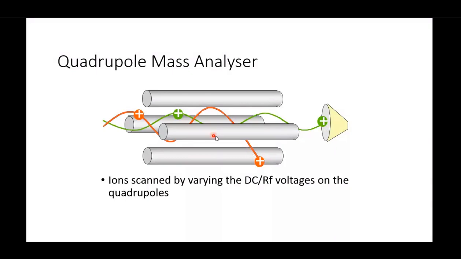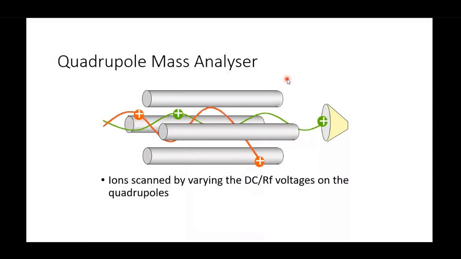At some other DC RF voltage, the ion shown by red color will go to the detector, but the ion shown by green color will go out. So by scanning the DC RF voltage, we can make each and every ion reach the detector one after the other. So in a scan mode, we can measure all the ions in a given sample, whether fragmented or not fragmented, and get a mass spectrum.